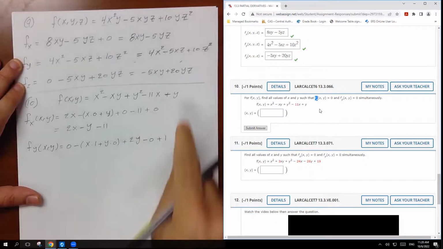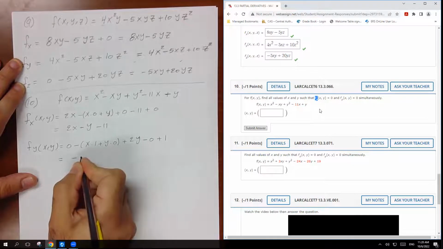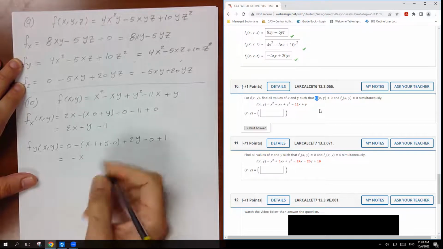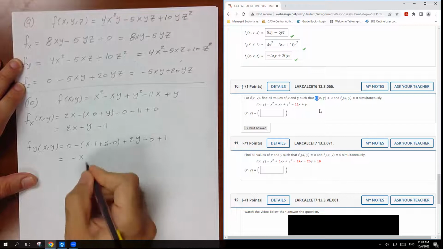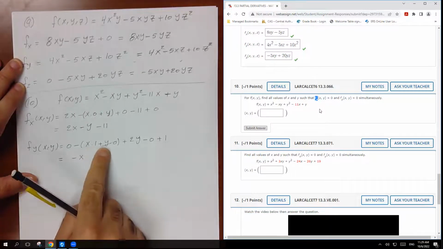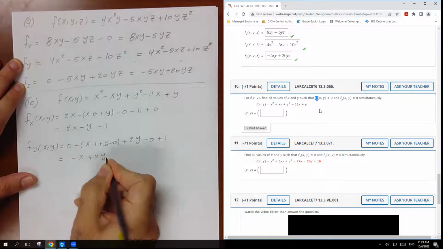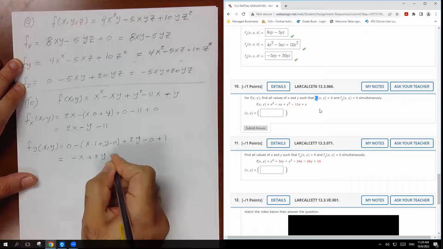The derivative of y is 1. So this one is going to be negative x, because this is 0. Plus 2y plus 1, that's it.